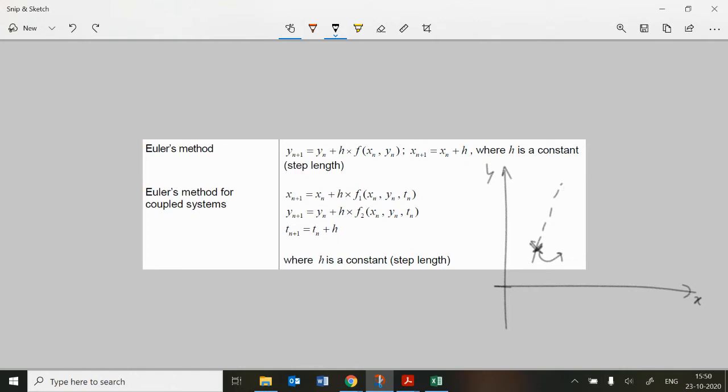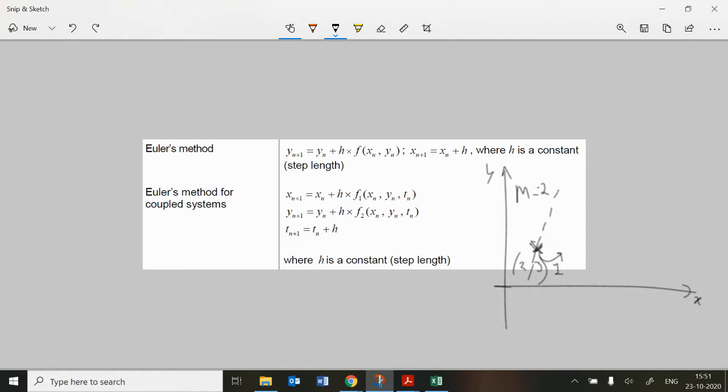Practically, say for example this was the coordinate point 2, 3, and say the gradient was 2, and if we choose to have a step of 1, then 1 times 2, we're going to be 2 further up here.